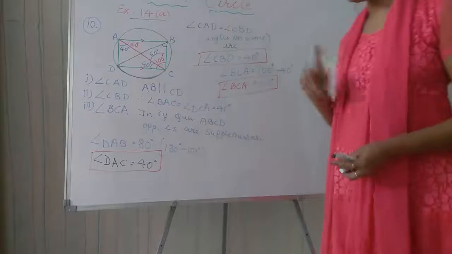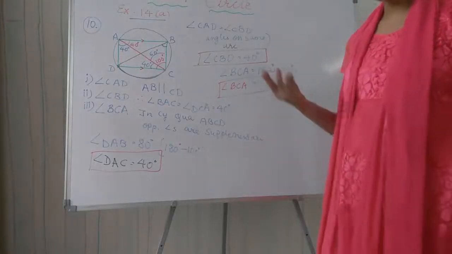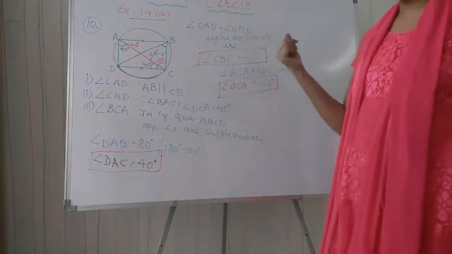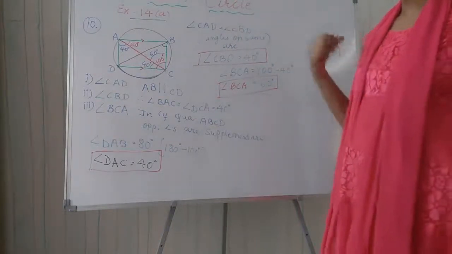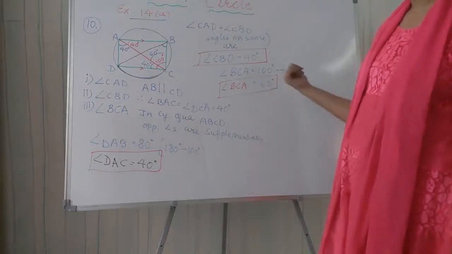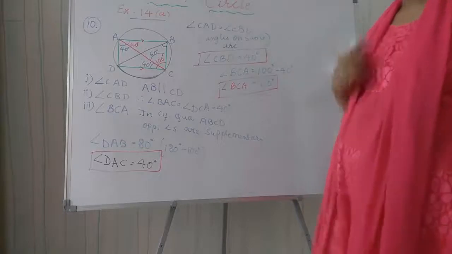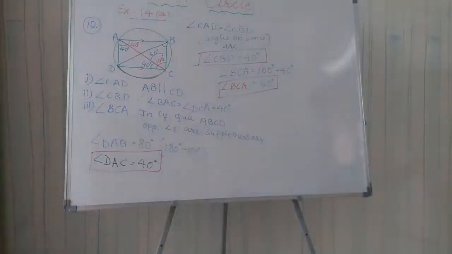So here we have used our cyclic quadrilateral property. Parallel sides are given, so alternate angles formed by parallel lines. And the third is what we have used, angles on the same arc, or you can say in the same segment. So like this students, we have solved our question number 10.